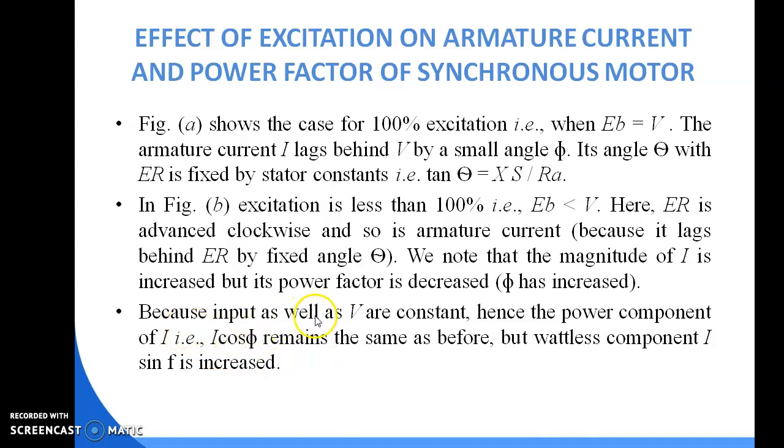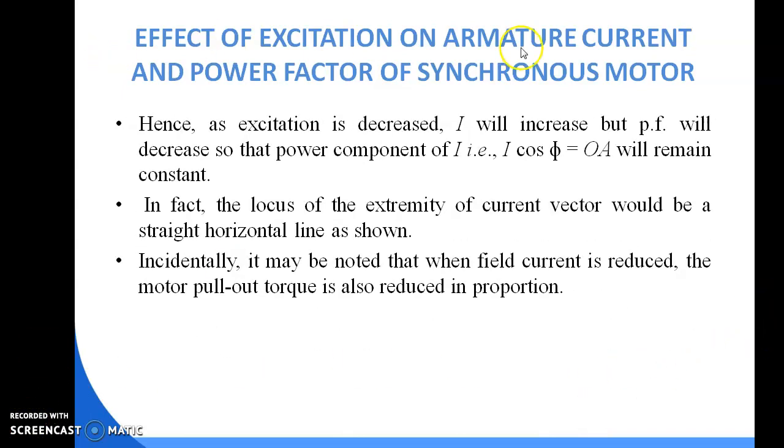Because input as well as V are constant, the power component of I, that is I cos phi, remains the same as before, but the wattless component I sin phi is increased. Hence, as excitation is decreased, I will increase but the power factor will decrease, so that the power component, I cos phi equal to OA, will remain constant.